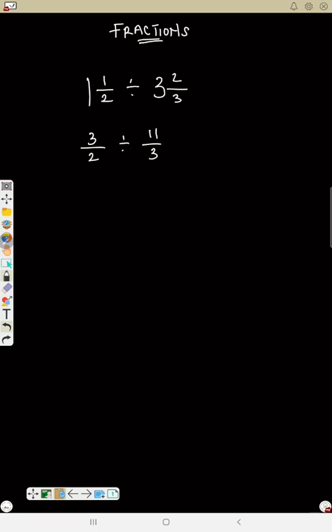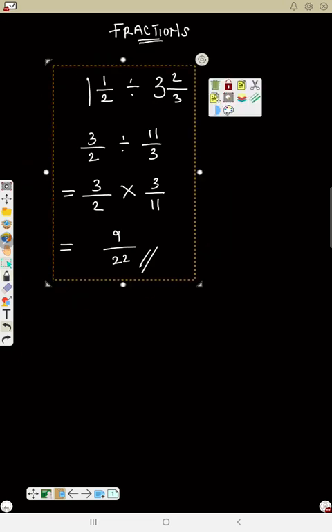For division, you must change division to times first. Anytime division changes to times, the denominator will go up while the numerator will come down. Please take notes. So 3 times 3 is 9, 2 times 11 is 22. Answer. So that is division of fractions.